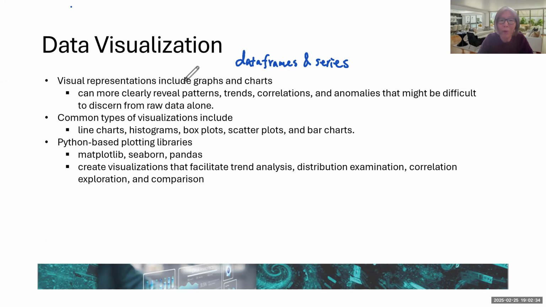So if we can use graphs and charts from the DataFrame and the Series, then it may reveal more information, like the pattern of the data, the data's trend, correlation, and also anomalies that might be difficult to find from the raw data alone.